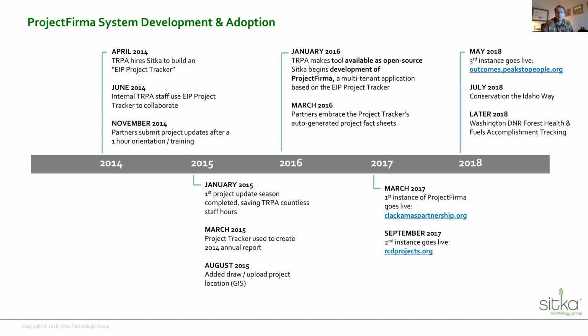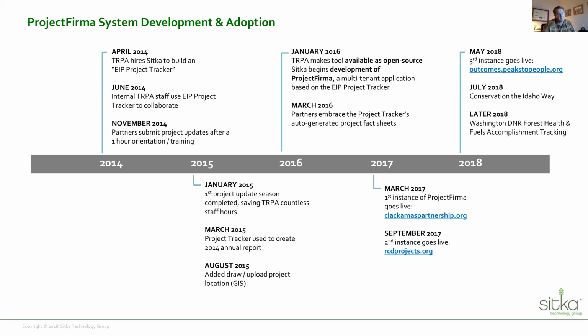And then in 2017, we started to see just that. Other organizations began adopting it to help them track their program accomplishments, to do landscape scale planning and coordination across multiple partners, and really kind of up their game in a multi-agency, multi-stakeholder environment.